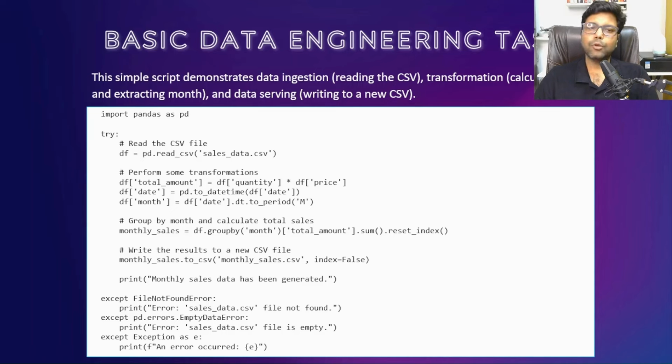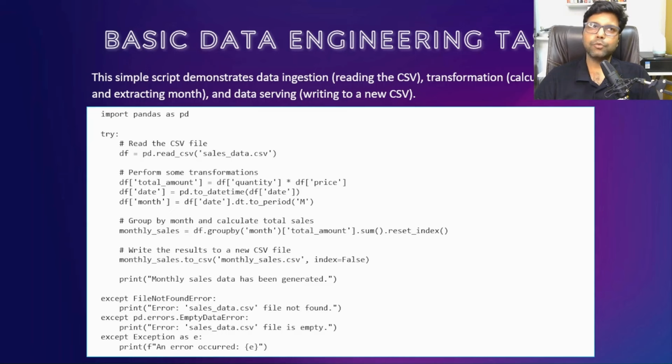And then we are grouping the data by month, and we are calculating total sales out of it. And finally, we are writing the results to a new CSV file, which is monthly_sales.csv. So now the monthly sales data has been generated. This is how we write Python code.